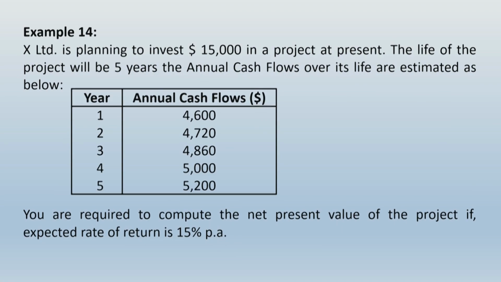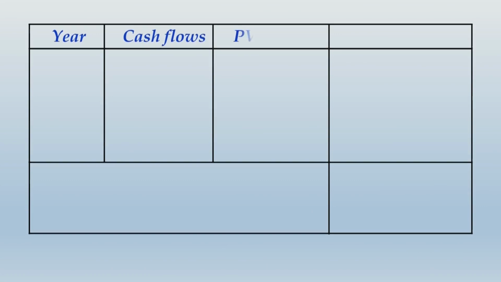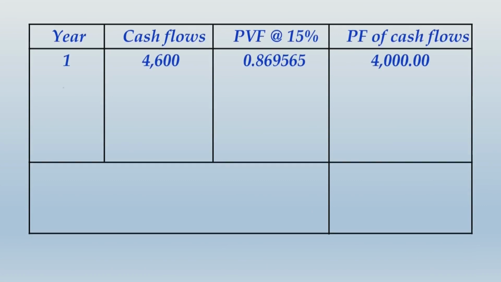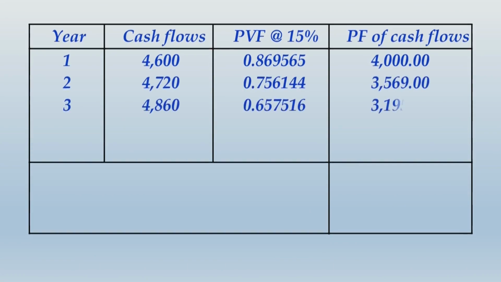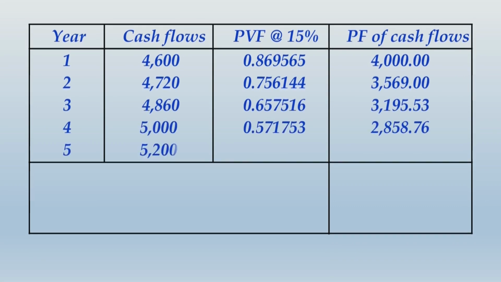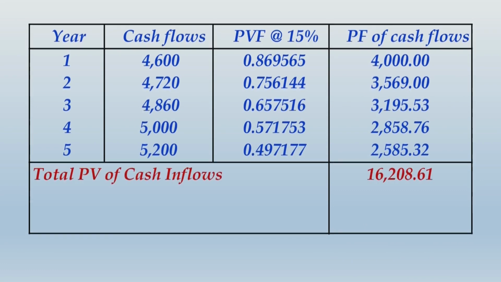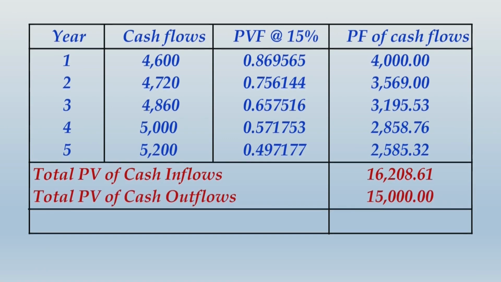So I'll just guide you through the solution. In your solution, you make one table with each year's cash flow converted into discounted cash flow or present value of cash flow. And when you are done with all the 5 years cash inflows converted to their present values, you add up all these present values of cash inflows, and from that you subtract the PV of cash outflows.